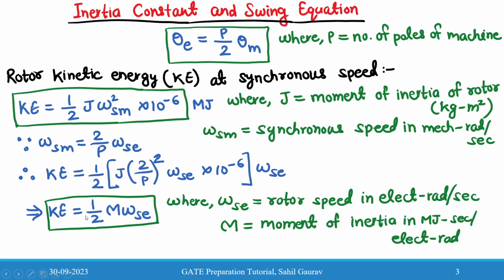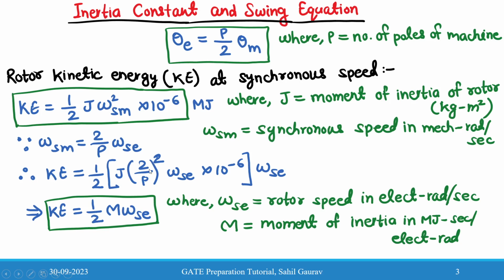So you can write kinetic energy is equal to half M omega E. So this is another way to express the kinetic energy, where one way is to write it in J term, that is moment of inertia in kg meter square, and one way is to write in M form, where M is the moment of inertia in megajoule second per electrical radian.